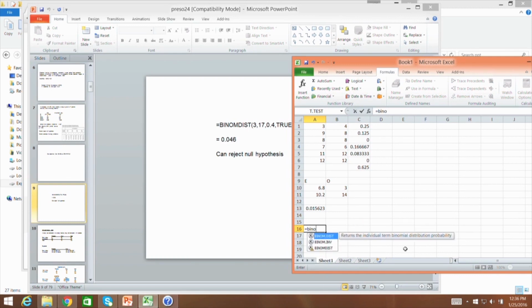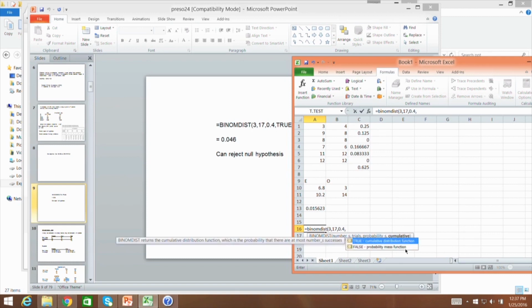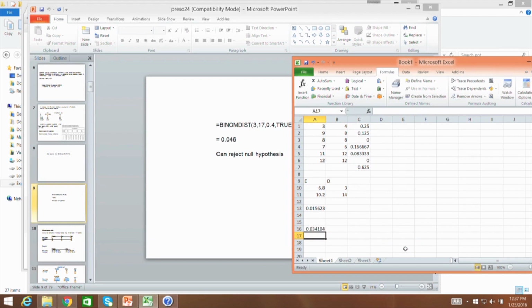We can use binom. Okay. So 3 of them die, that is 3 observed out of the total data of 17, p is 0.4. Okay. Then we say either true or false. Okay. If you give it as false, you get 0.034.